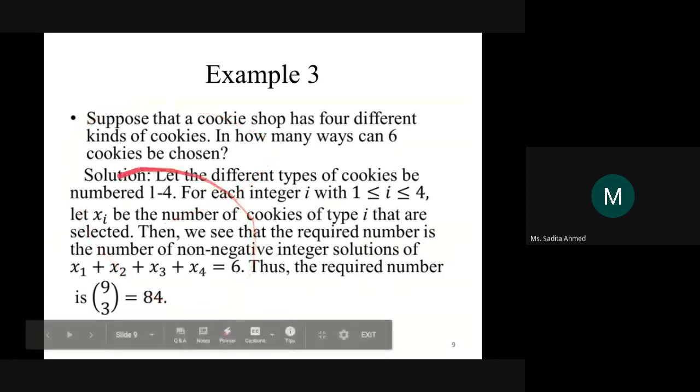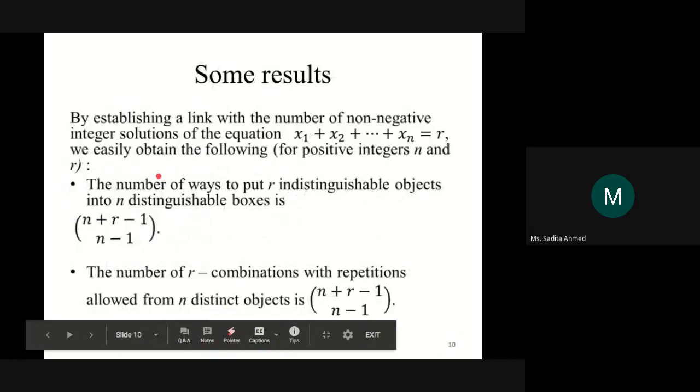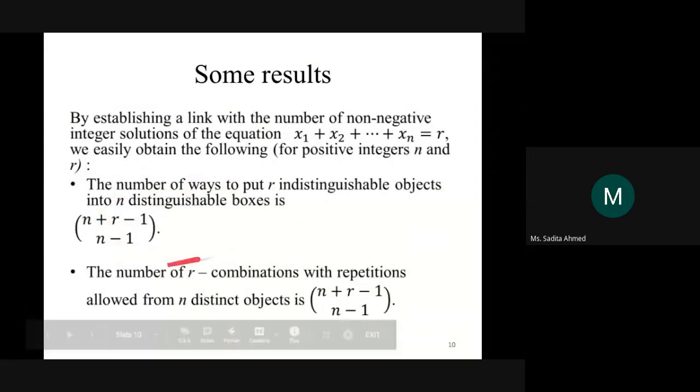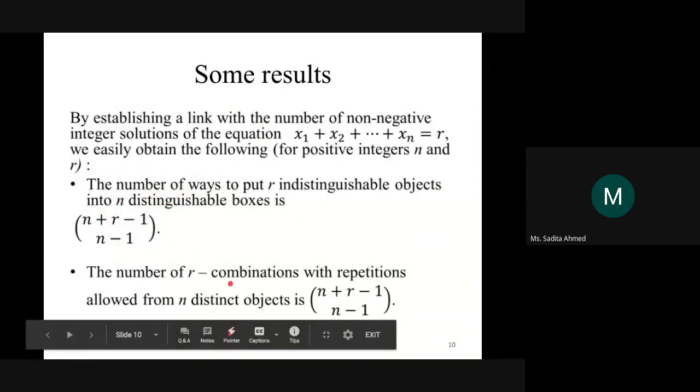First, we looked at it based on the explanation that's given here, and then we looked at the same problem using another angle, which gives us the same solution, and then another angle. All right. So counting the total number of r combinations with repetitions allowed from n distinct objects is n plus r minus 1 c n minus 1.